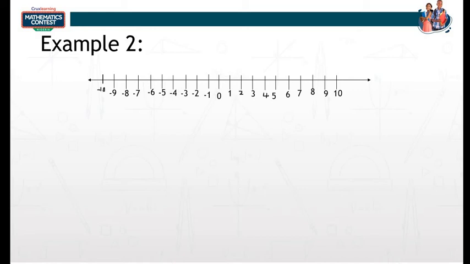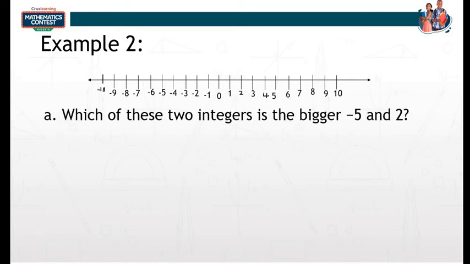So, here we're going to use this number line to answer the following questions. Part A says, which of these two integers is the bigger? We have two numbers, minus 5 and 2. Which one is greater? So let's go to the number line and see.